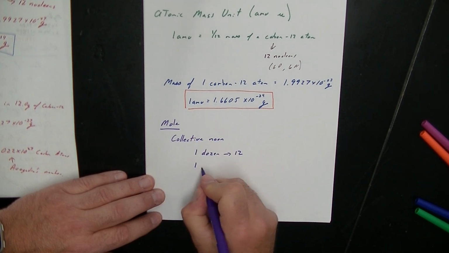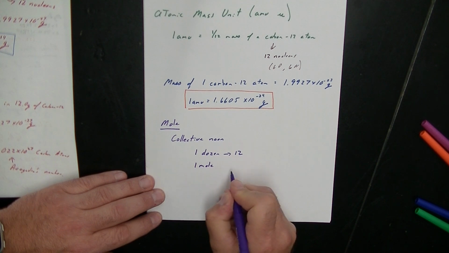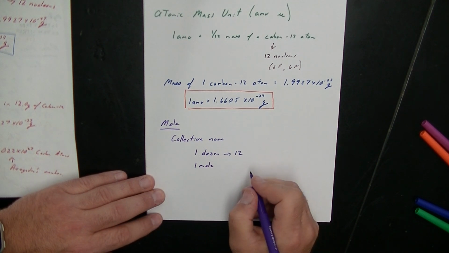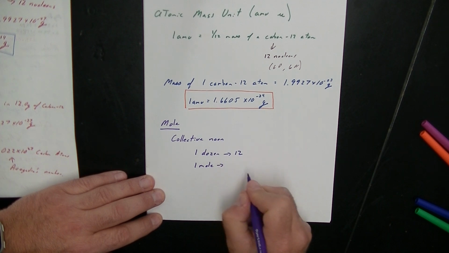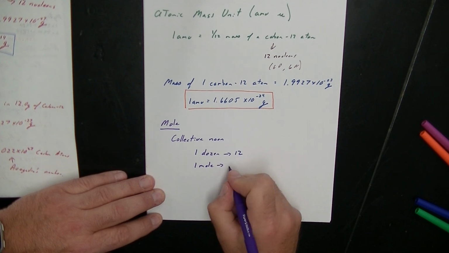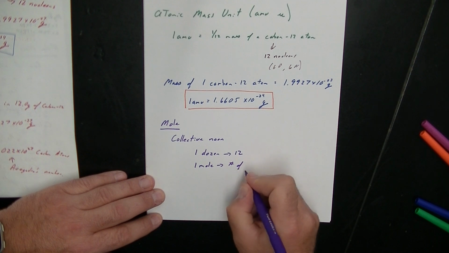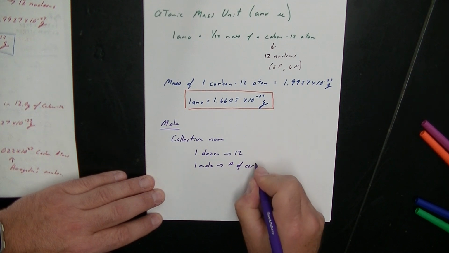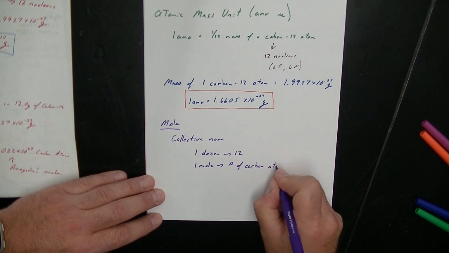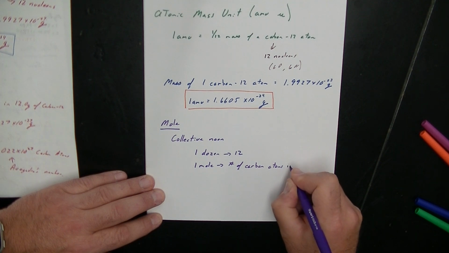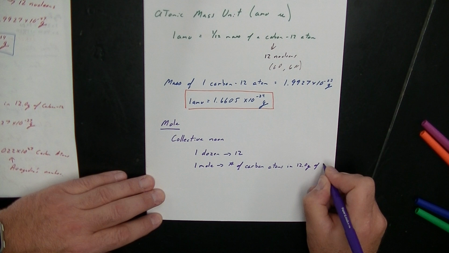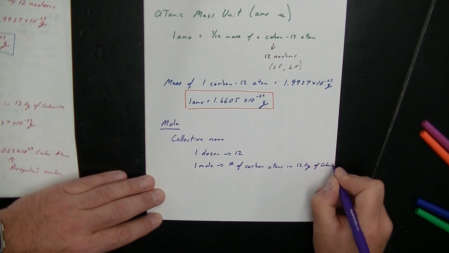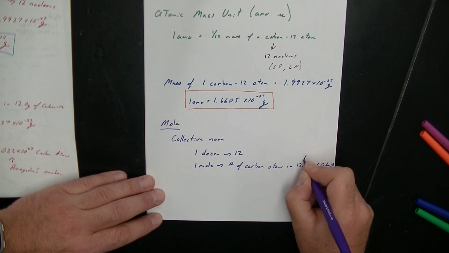Well, 1 mole is just a collective noun. So 1 mole is equal to the number of carbon atoms in 12.0 grams of carbon 12.